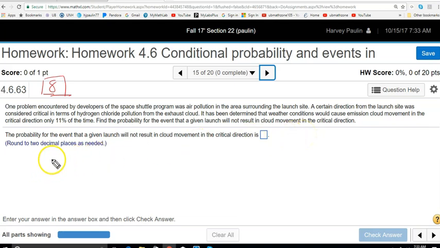So the chance of pollution flowing over the launch site is 11%. So what are they looking for? That they will have a launch without pollution flowing would be the complement of this. So just looking at this, what is the complement of 11%?